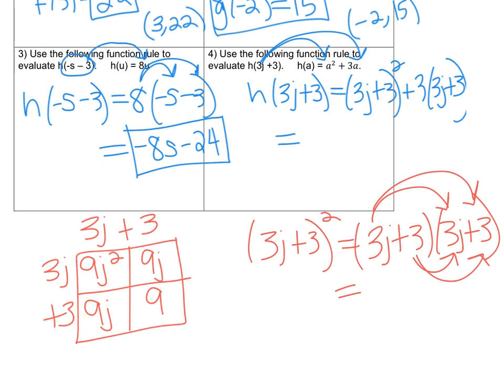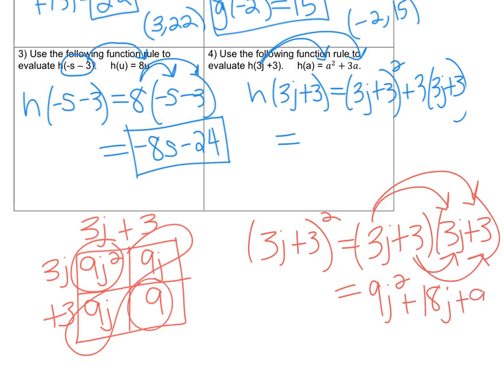So whichever method you used, whenever we combine our like terms, you should have ended up with 9j squared plus 18j plus 9. So this whole expression is what we get whenever we square 3j plus 3.